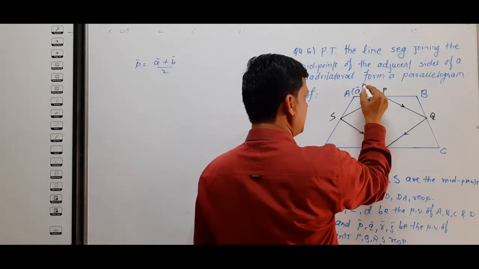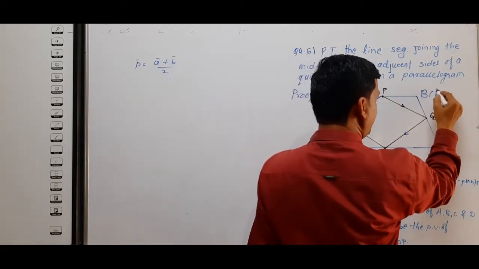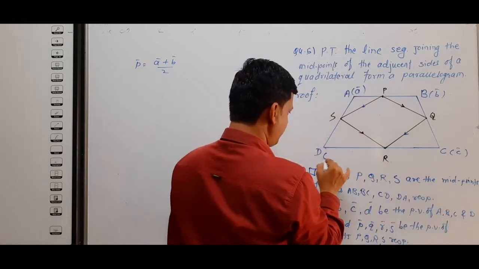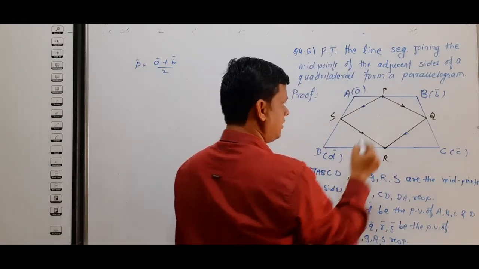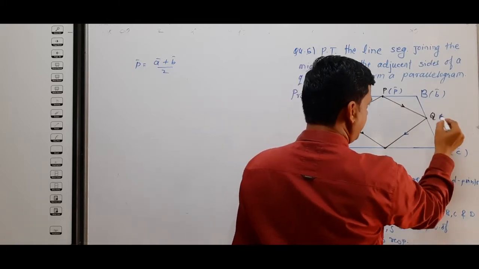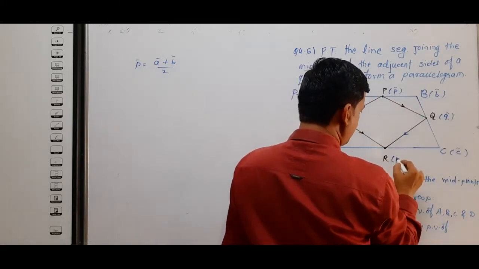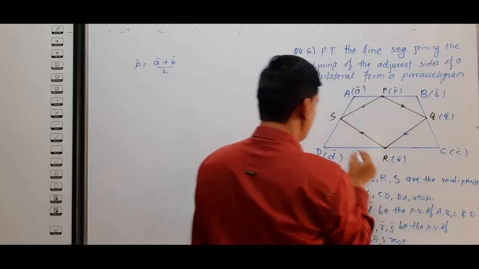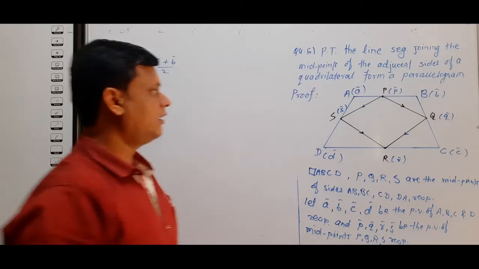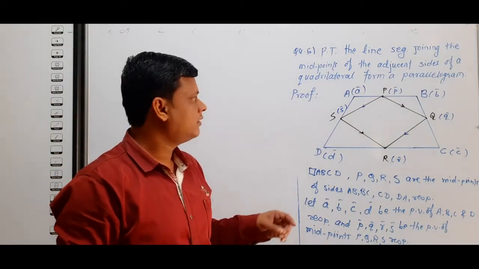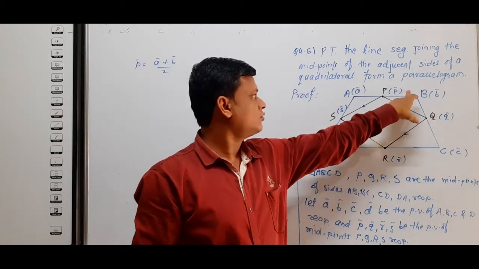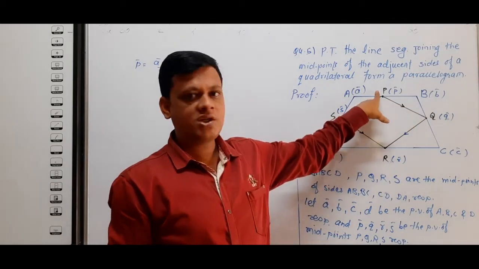Position vector of A is a bar, position vector of B is b bar, position vector of C is c bar, position vector of D is d bar, position vector of P is p bar, position vector of Q is q bar, position vector of R is r bar, position vector of S is s bar. So while writing the proof, we use it from the diagram. So see, we write position vector of P.